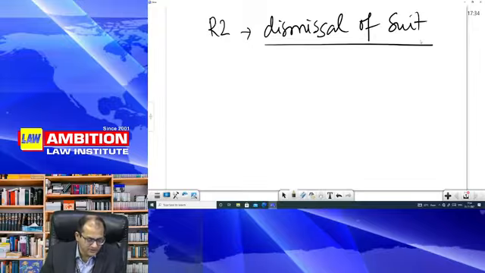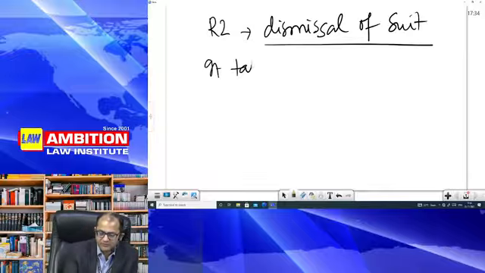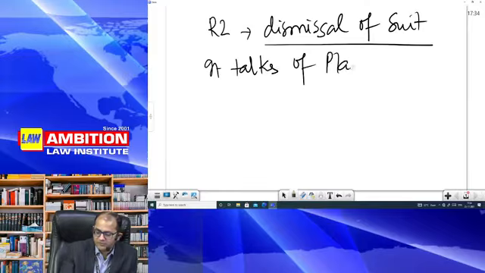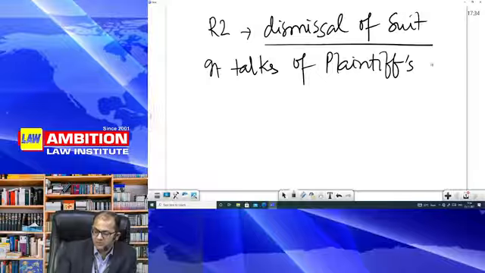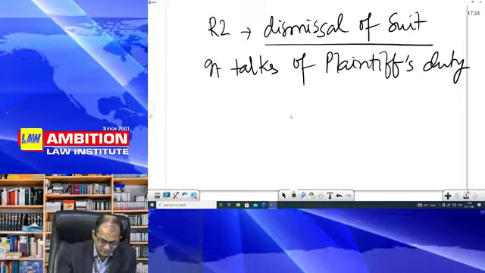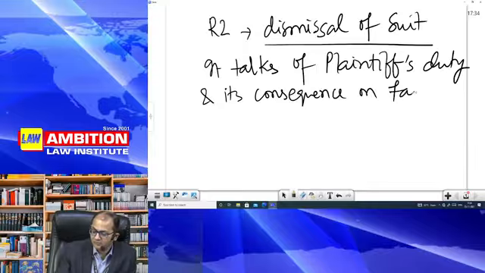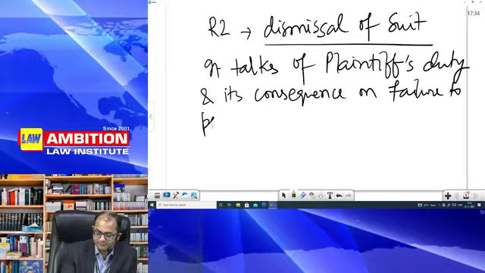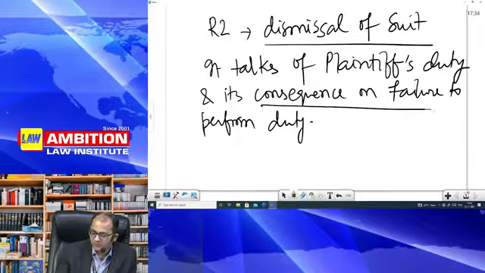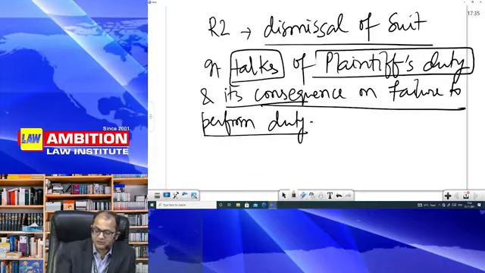Rule 2 in a sense talks of plaintiff's duty and its consequence on failure to perform duty.